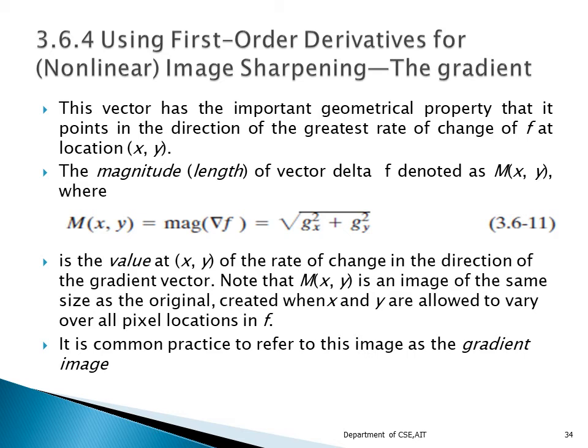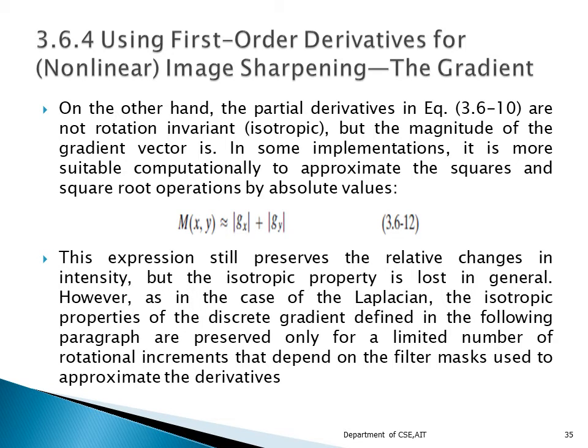This M of xy is also called the gradient image because we are making use of the gradient vectors here, that is Gx and Gy. So, some more properties about this gradient. The partial derivatives that we obtain by using the gradient are not rotation invariant.